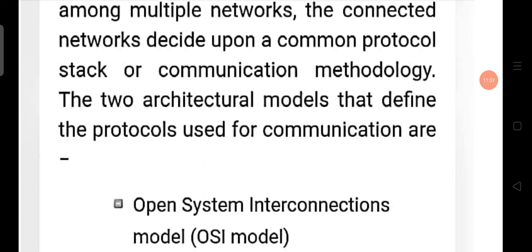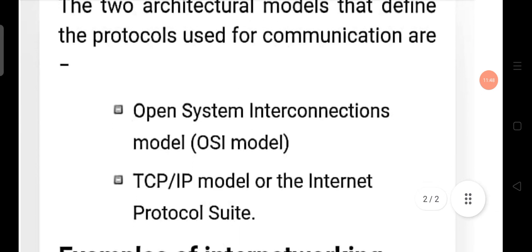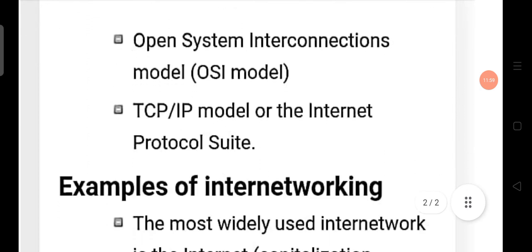We need a protocol, and a protocol is a set of rules. That protocol is provided by two models. One is the OSI model, Open Systems Interconnection model, and the next one is the TCP/IP model, or internet protocol suite.